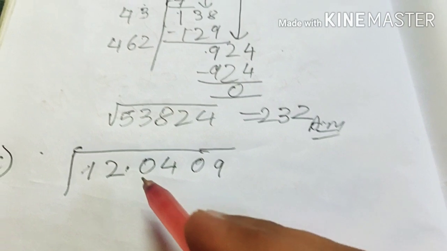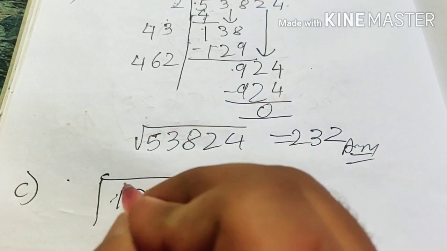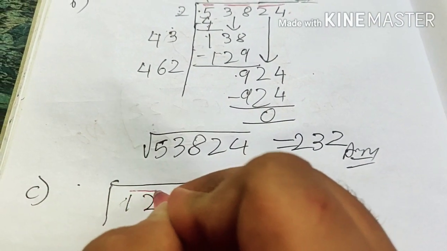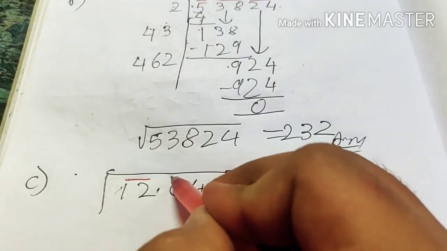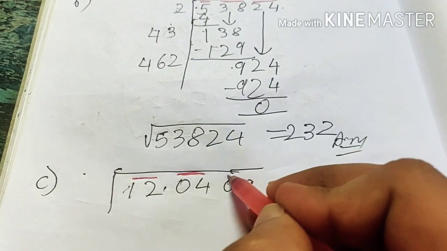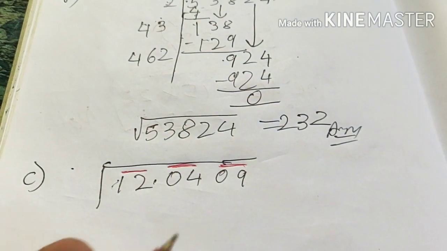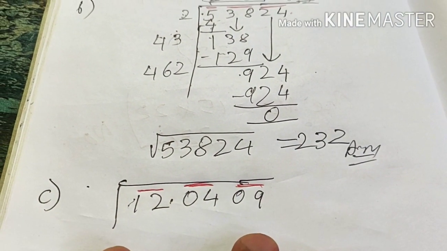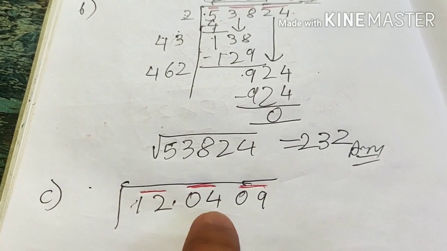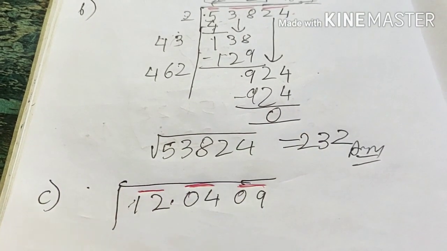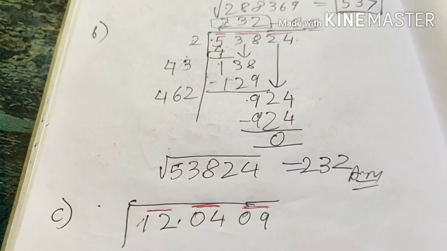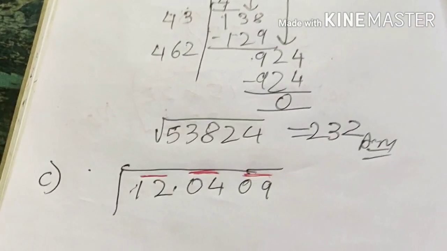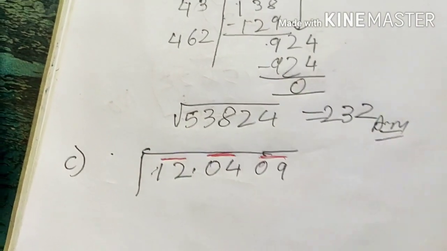Here we have a decimal, so before the decimal we make pairs from the back, and in the decimal digits we make pairs from the front. A decimal number has two parts, the whole number part and the decimal part. In the whole number part we make the pairs from the back, and in the decimal part we make pairs from the front.